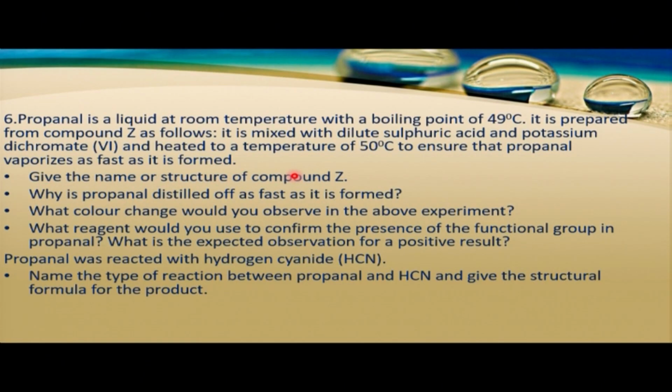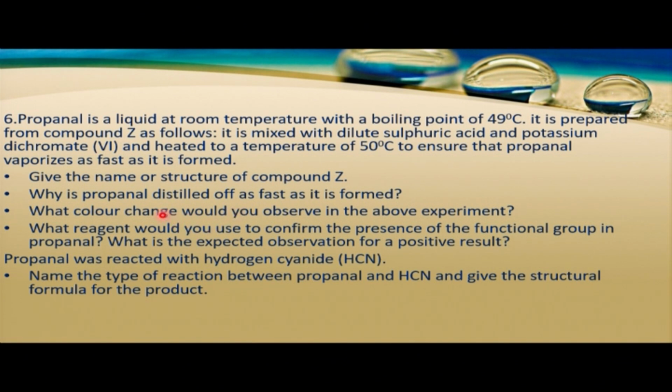So that must be an alcohol because we are oxidizing. And here what compound are we producing? Propanal. So it must come from the alcohol with three carbon atoms, that is propan-1-ol. Why is propanal distilled? To prevent further oxidation, of course. The color change, you can determine that.